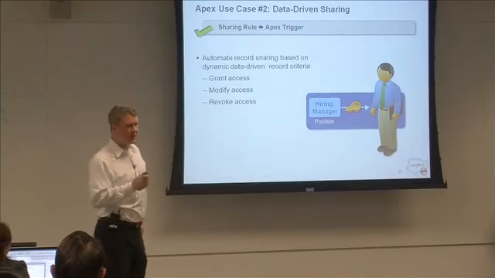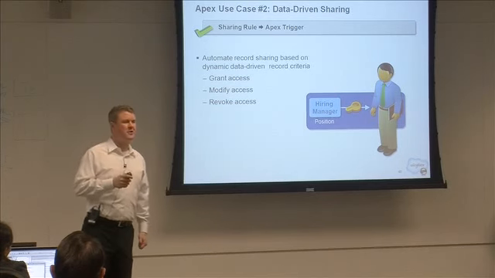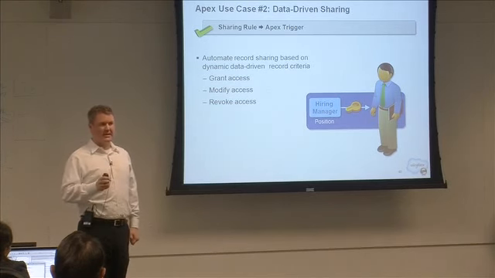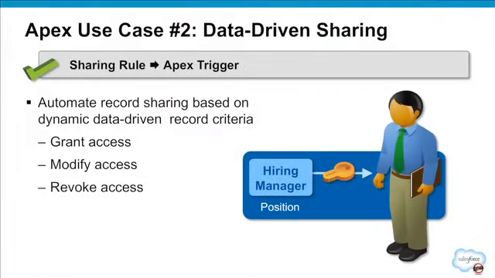What if the person that I want to share the record with is on the record? On a position, we have a field called the hiring manager, and that's a lookup to the user table. We want to share the record with that user. You can't do that using a criteria-based sharing rule, okay? So we can make it dynamic to either grant access, modify access, or for that matter, revoke access, okay?